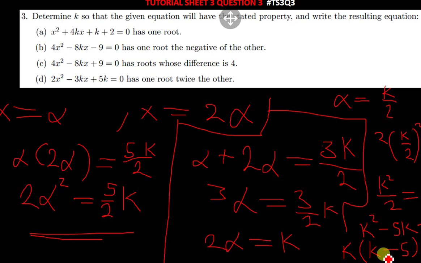So my k values will be, our first k value will be 0, and when you equate k minus 5 to 0, you get your answer to be 5. So the first value of k is 0, the second value of k is 5. So now it's just a matter of replacing them in that equation to find the two equations that are needed.